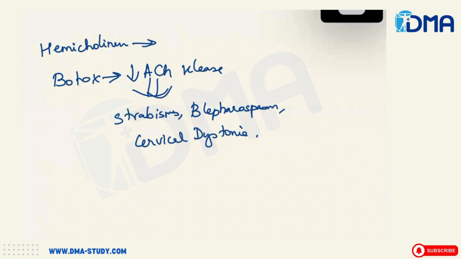Then going to the CVS. In CVS, you have to know about the antiarrhythmics. What is the name of the classification of antiarrhythmic agents? Vaughan Williams classification of antiarrhythmic agents.